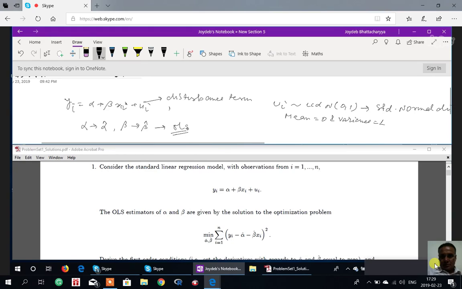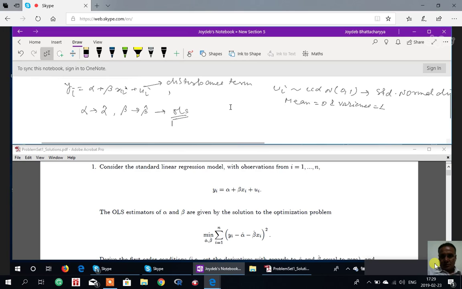Now what it does is that it minimizes the gap between the estimated and observed value, and the gap is the error. It computes an error: yi minus y hat is equal to the error term.